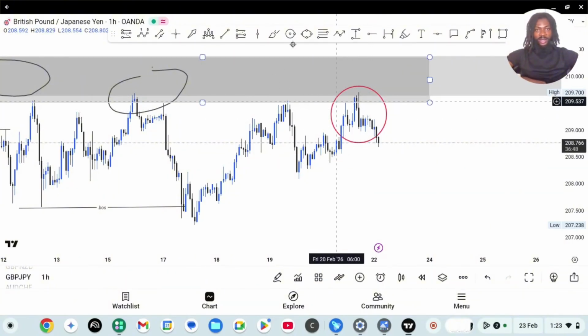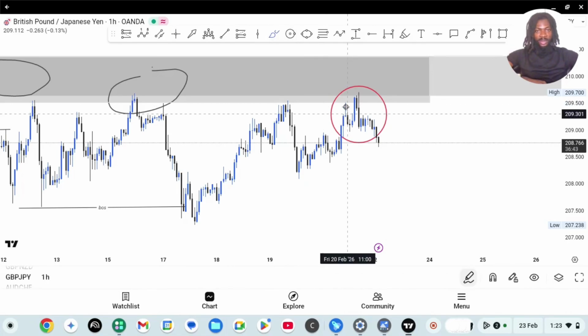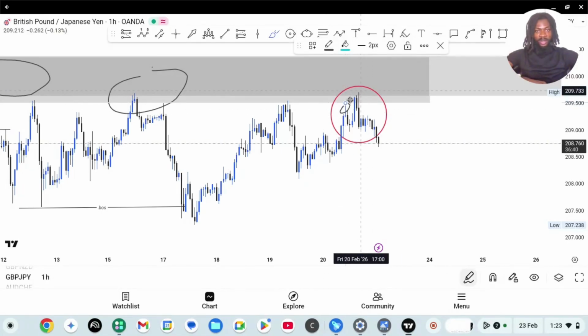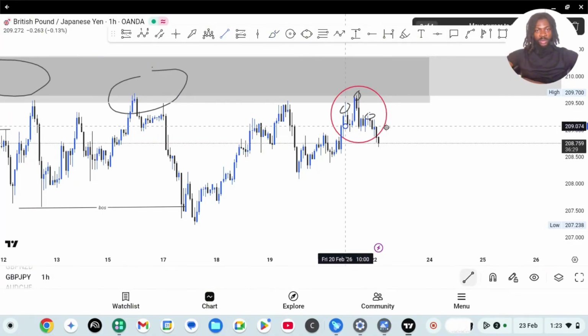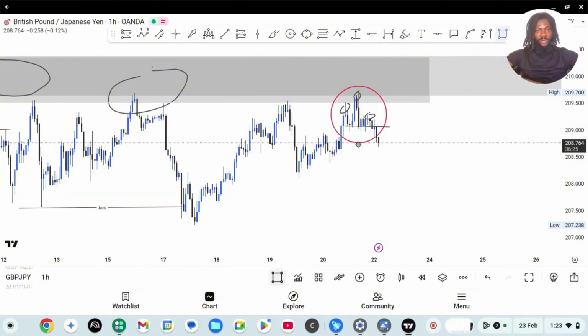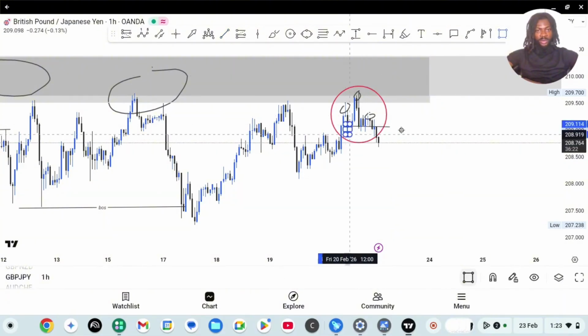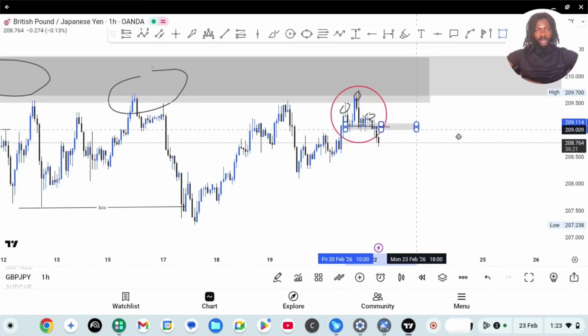All right, now let me show you guys. This is one shoulder, this is the head, and this is the other shoulder, and this was the neckline that we broke.